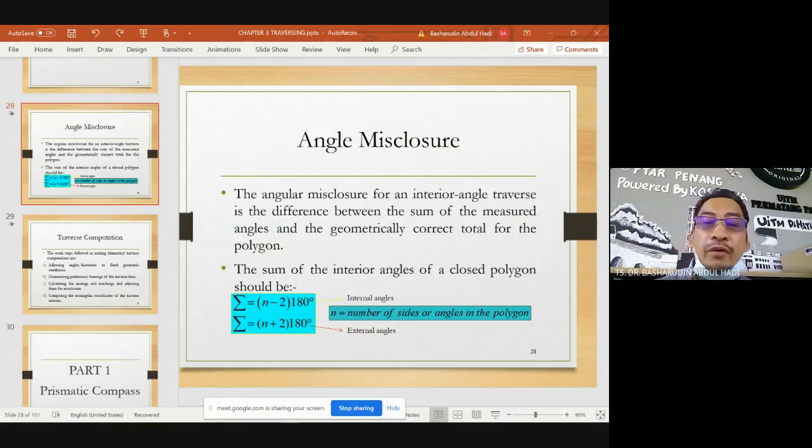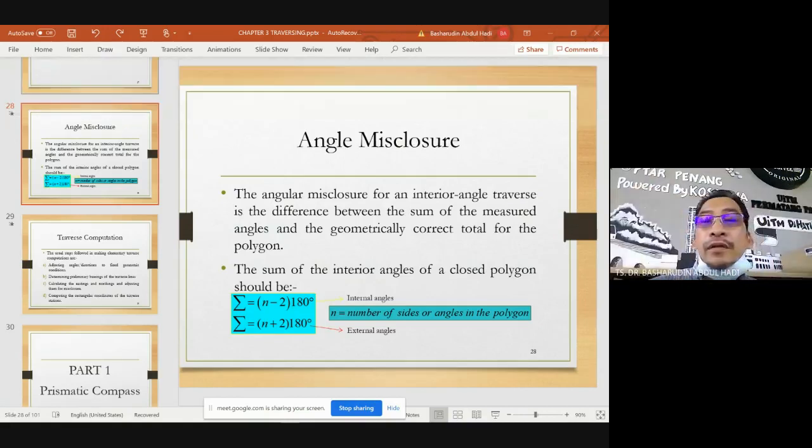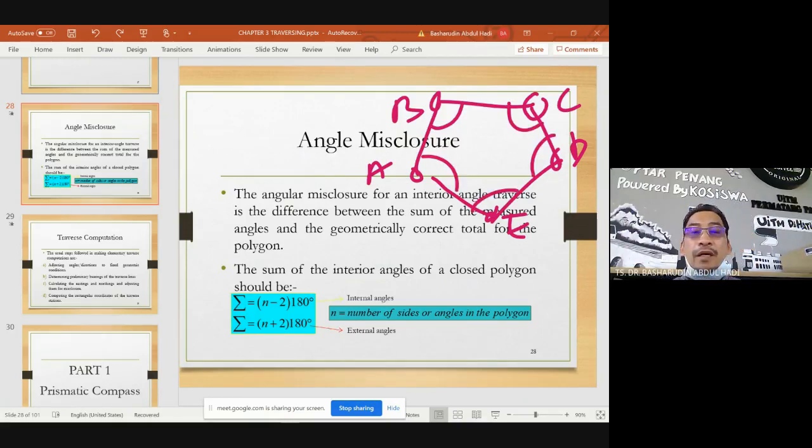Normally, if you have what we call a traverse, A to B, B to C, C to D, D to E, E to A, the total number of included angles, the formula is here: N minus 2 times 180 degrees.